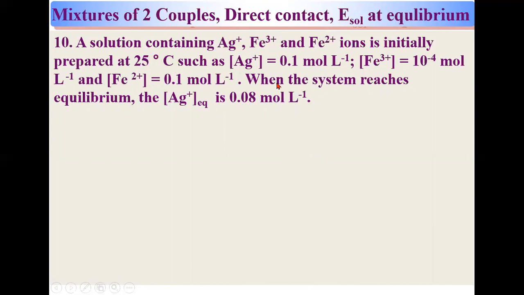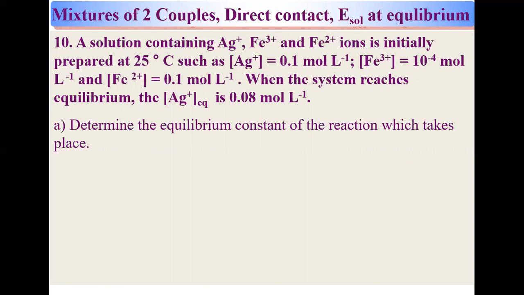And they tell us that when the system reaches equilibrium, the Ag at equilibrium is 0.08. Okay? So they gave us already the concentration at equilibrium for the silver. They ask us to determine the equilibrium constant, then the E naught. Here, notice they're asking me to get the E naught for this couple. This is the first time this was asked.